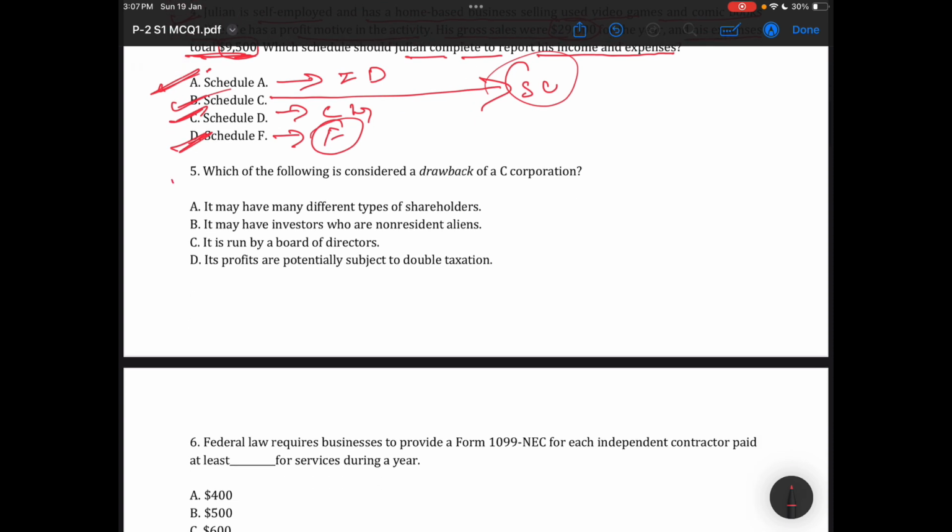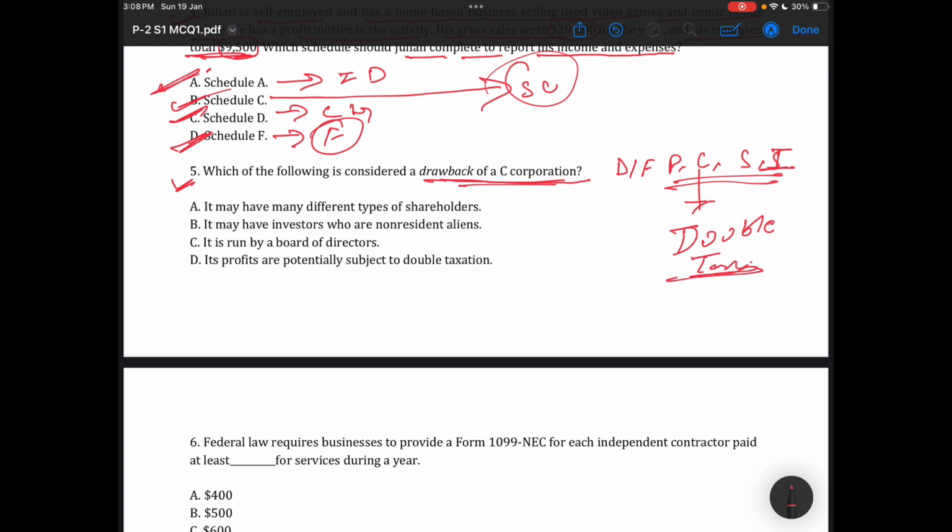Okay. The next question is: which of the following is considered a drawback of a corporation? So as you know, when you go to the difference between a partnership and a corporation, in a C corp you will have dual taxation.